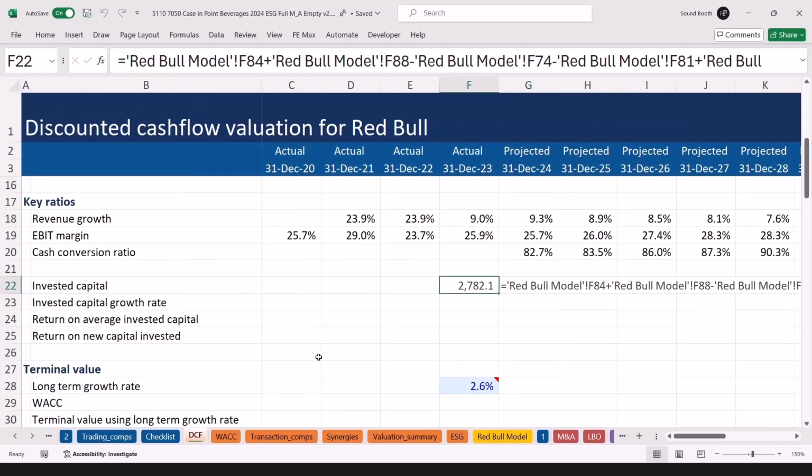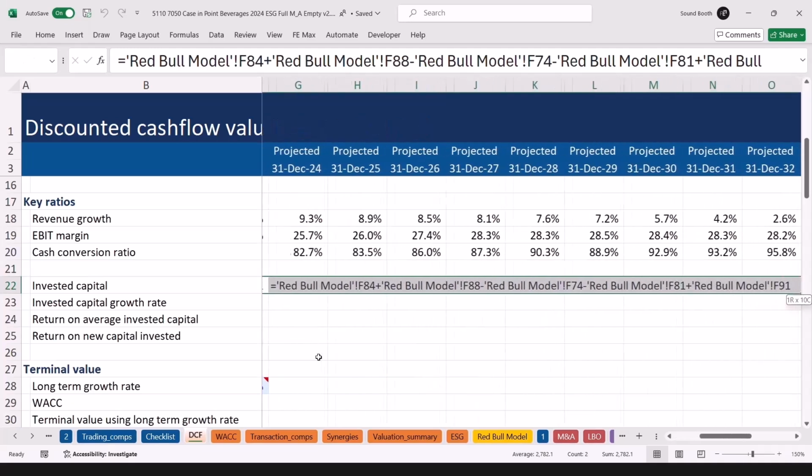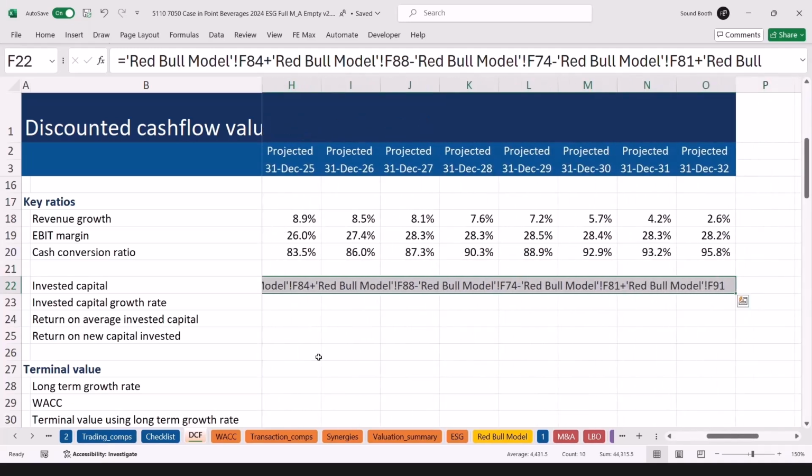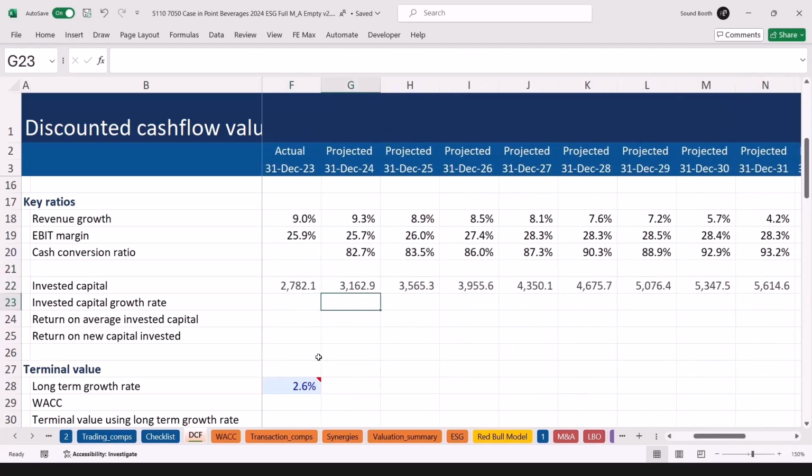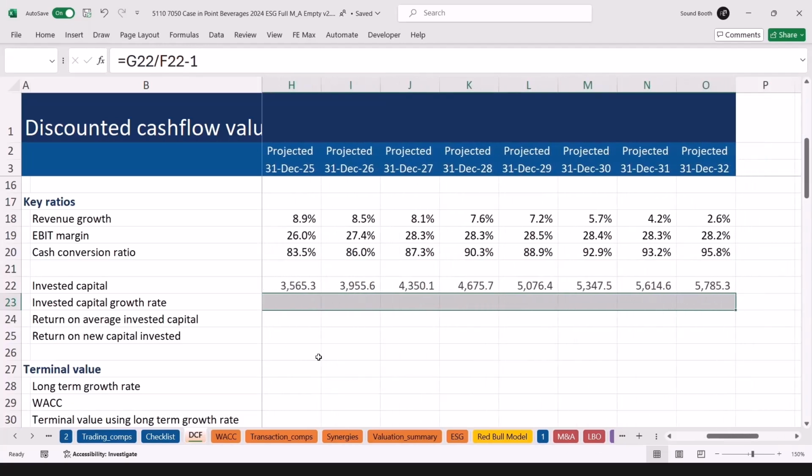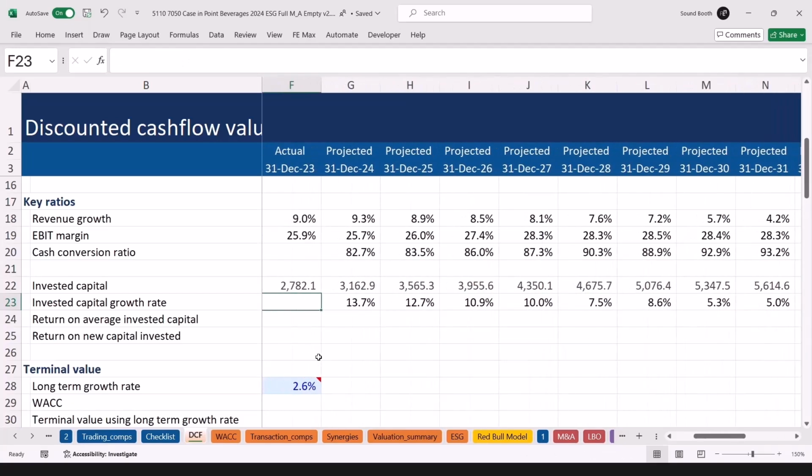Then I'm going to calculate how fast that is growing. So if I copy this to the right, I can calculate the implied growth rate and copy that to the right. We should start to see that as the overall revenue starts to slow in growth, the invested capital also starts to slow.